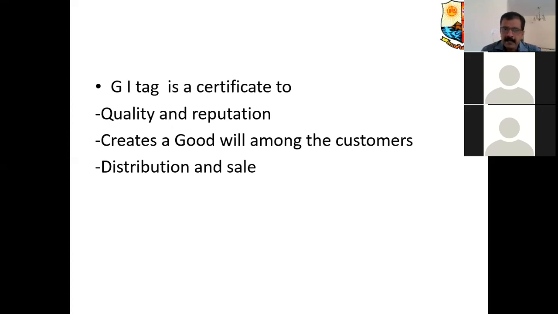For him, it enhances distribution and sale. For any person who goes for an item with the GI tag, who supplies or sells, it is an advantage in terms of distribution as well as sale of these products.